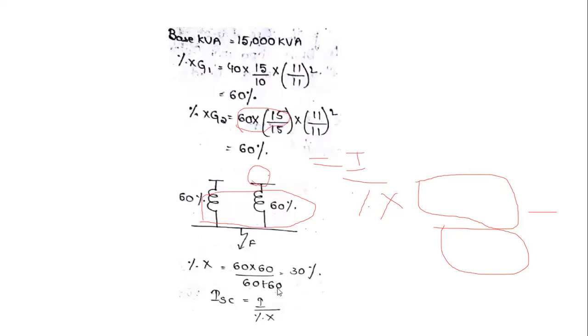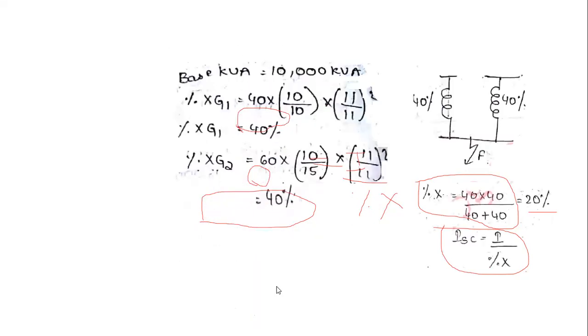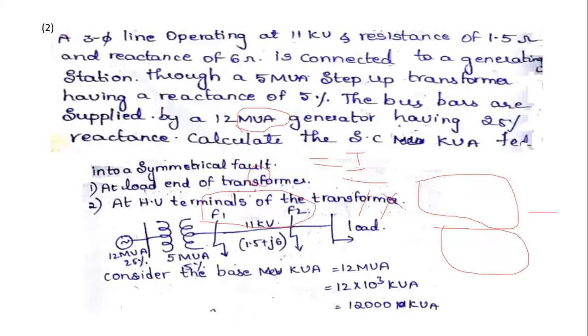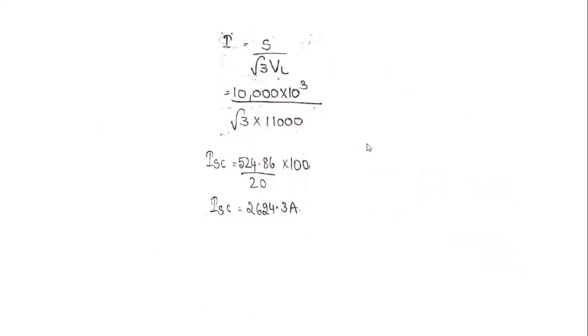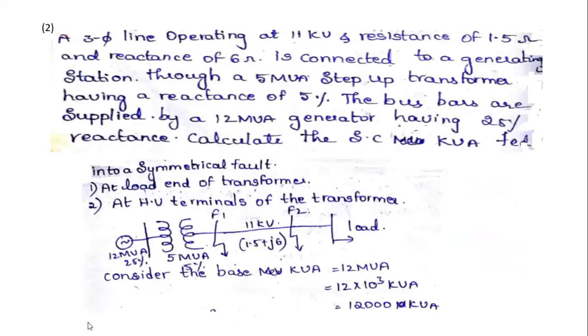These are the various considerations for the base kVAs, and we obtain the same short circuit currents. That is the first problem, the calculation of short circuit currents for different base kVAs.